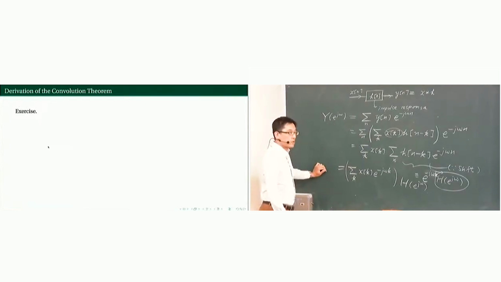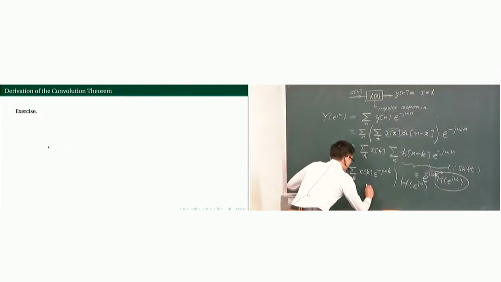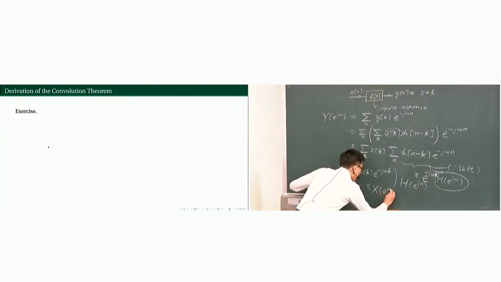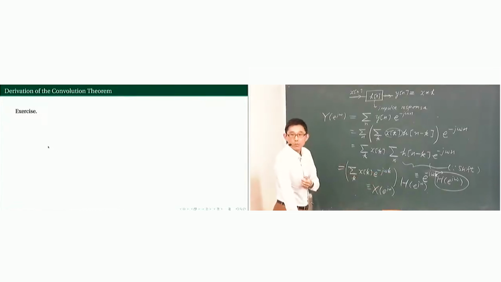I say this is going to come to an end because what's showing right here? A summation over k, and k is just a dummy index. So this is exactly the spectrum of x. By definition, that's the DTFT of x evaluated at ω, where k is a dummy variable.